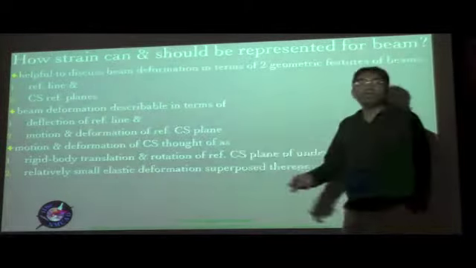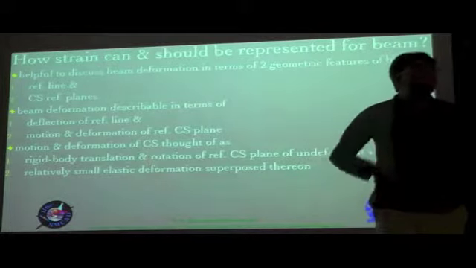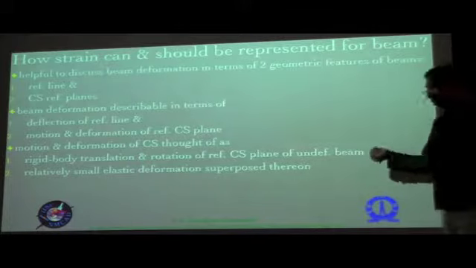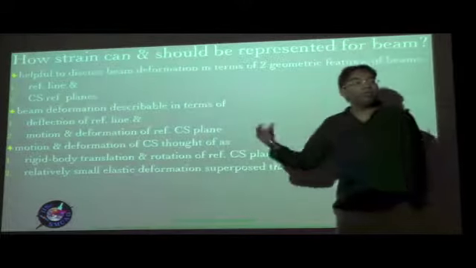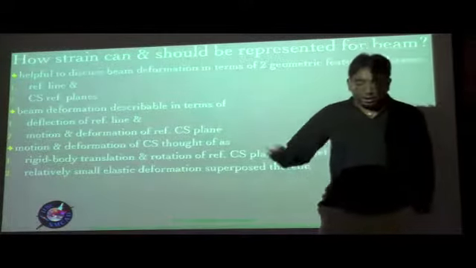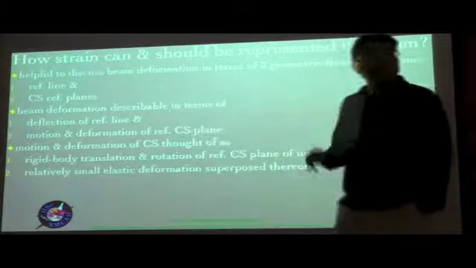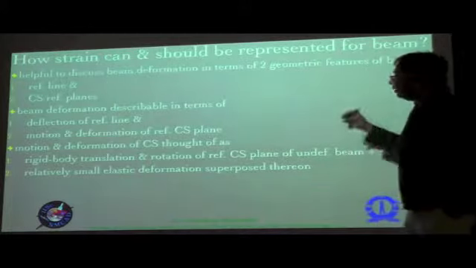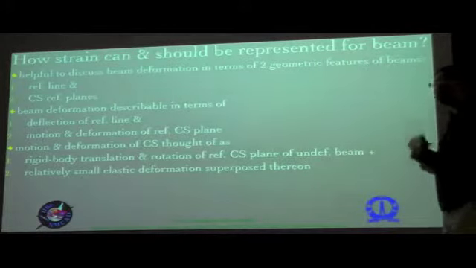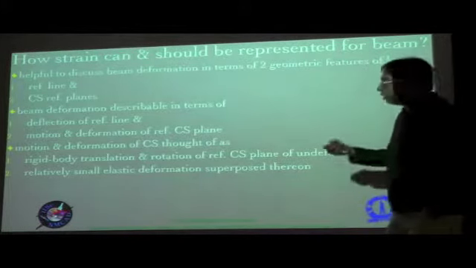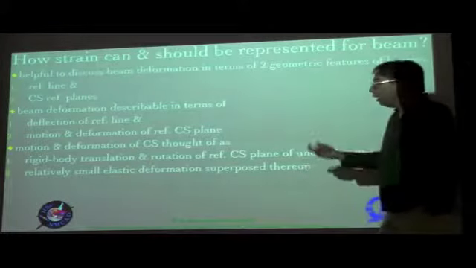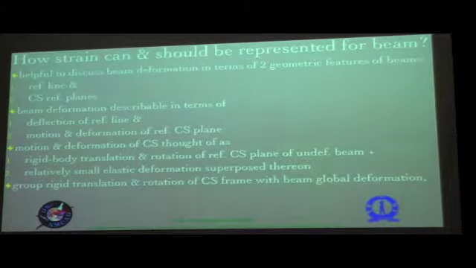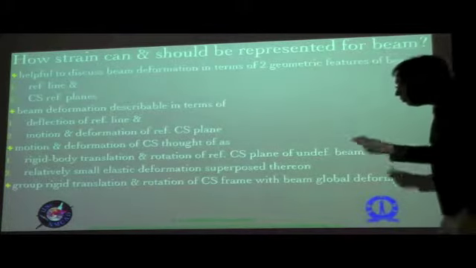The reason why this has to be small is not an additional assumption, but a direct fallout of the fact that the material out of which the beam is made cannot take large strains. It fails at a strain which is small compared to unity, and therefore the elastic deformations of the cross section, which is the warping, cannot be large. So these are relatively small elastic deformations superimposed upon the rigid body motions.